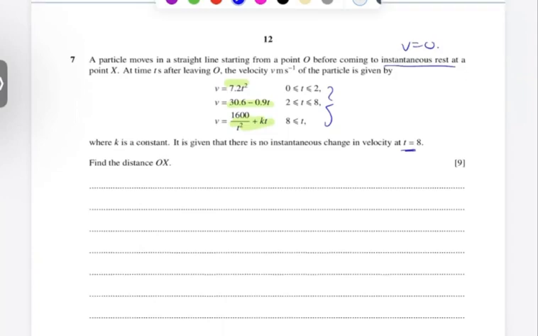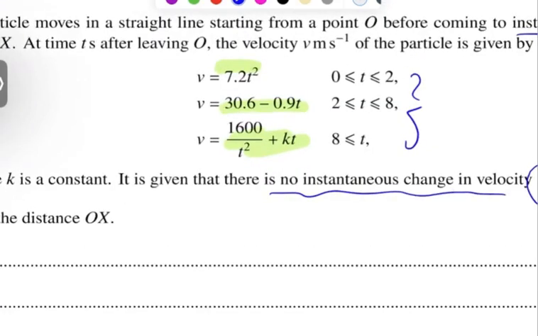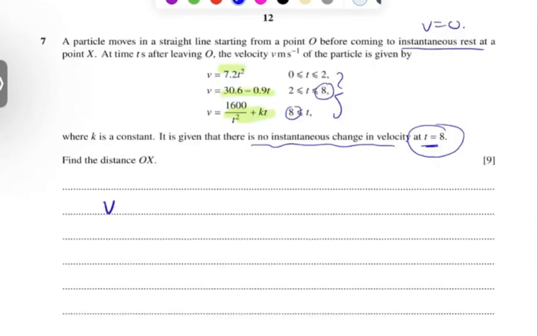So let's just wrap our heads around this. They also say there's no instantaneous change where the time is equal to 8. If you look at these two equations, this one is going up to a time of 8, and then this one is starting at a time of 8. So let's first figure out what k is. That's 0.9 times 8.